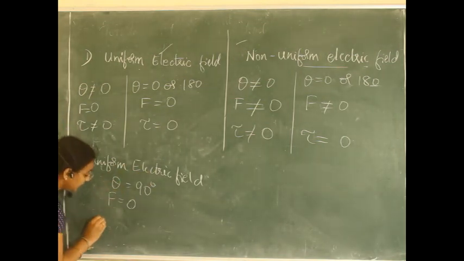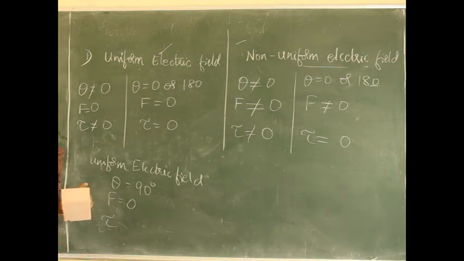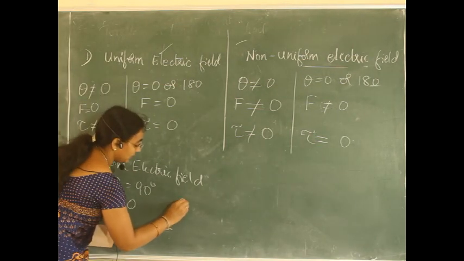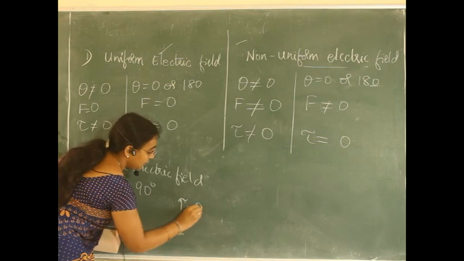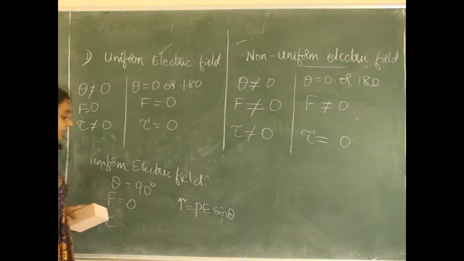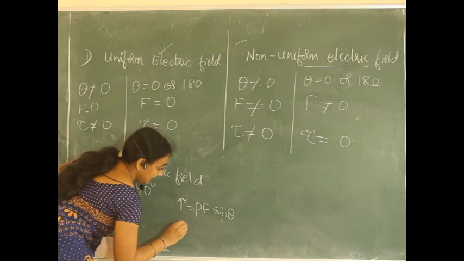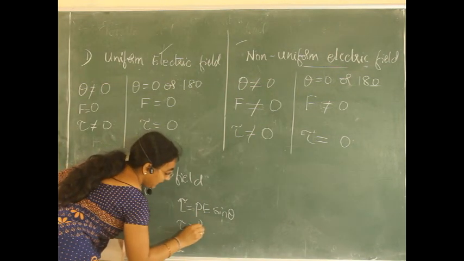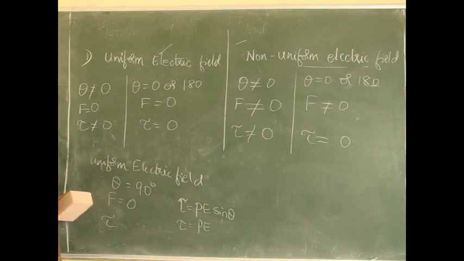What about the tau? If theta is equal to 90 degrees, we know the expression, tau is equal to PE sin theta. Theta is 90, sin 90 is 1. So therefore I can say tau is equal to PE, the maximum value.